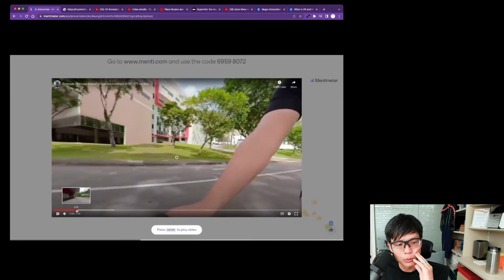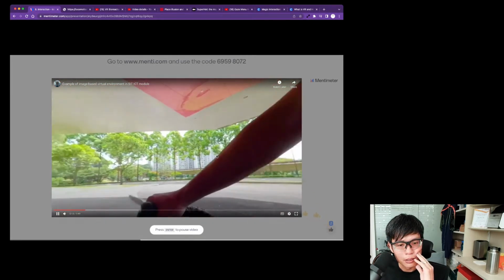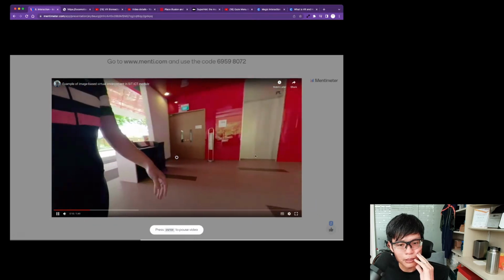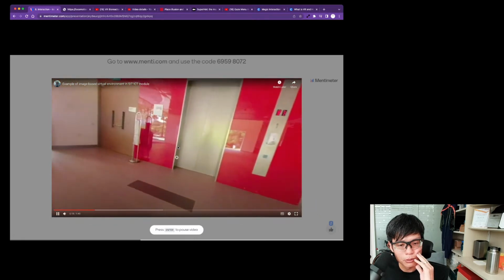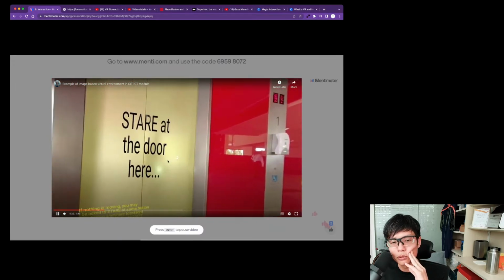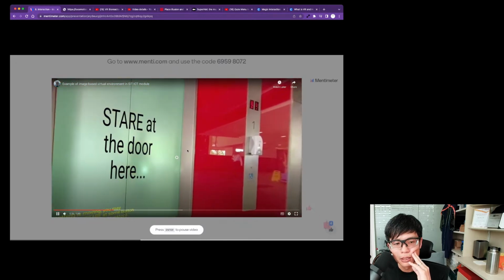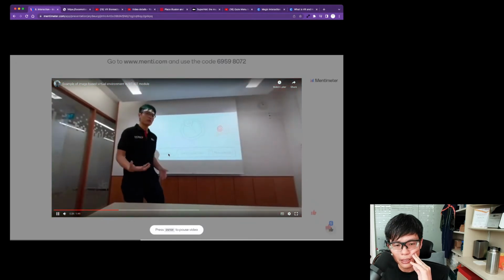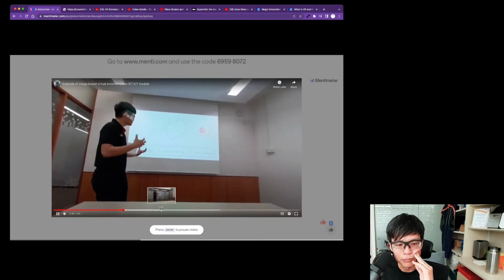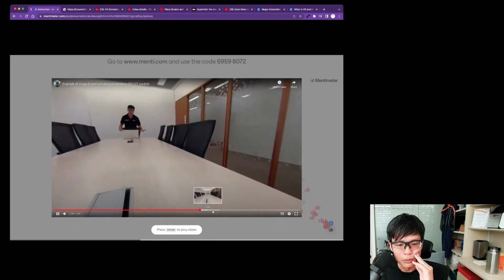This 360 video, which I have shown before, is a web-based experience. Students can just browse around freely. When they reach this point, they have to focus on the door for a while for it to trigger the click on the door. Similarly, this is still 360, you can view anywhere.